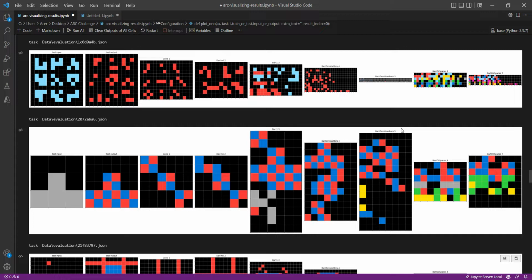I'm currently doing that now with a T5 model, and we'll be experimenting with the hyperparameters on that to see how far I can take it with the transformers. And that's it for now.